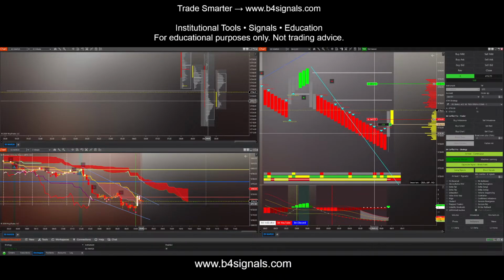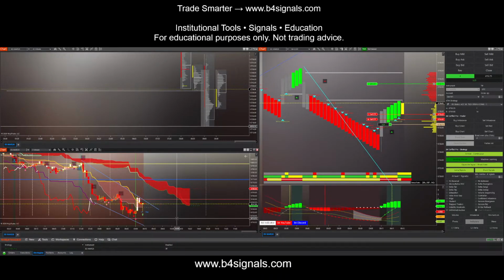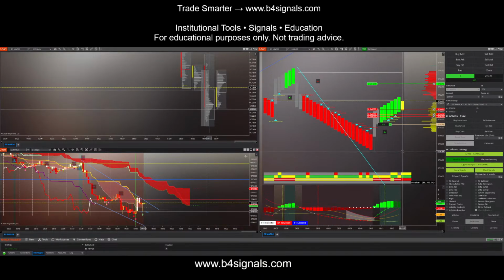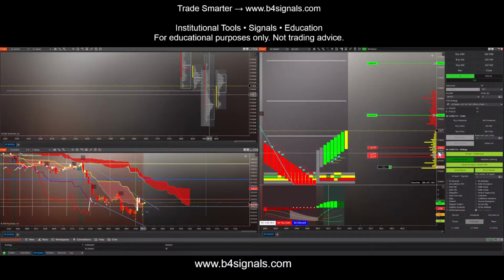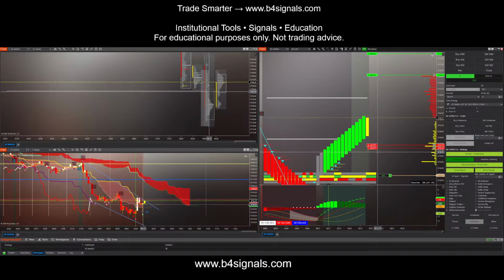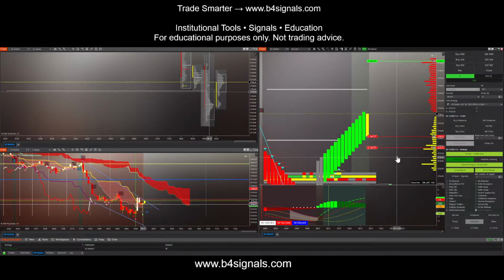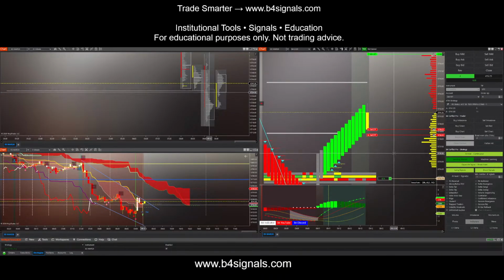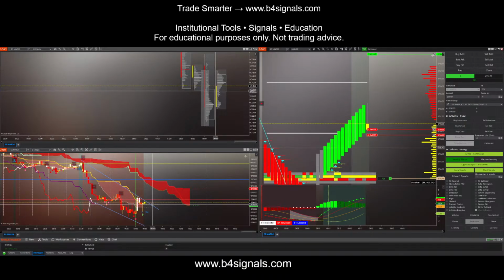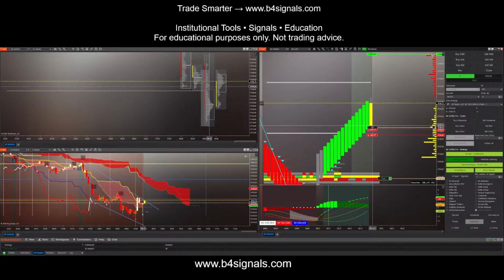It may go back up here and test the top of this trend line that we got going. Getting to where the top of that trend line is. We're losing momentum here with the lower B4. Let's tighten it up.